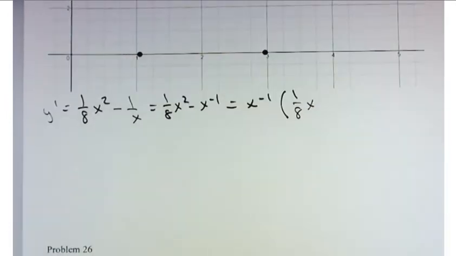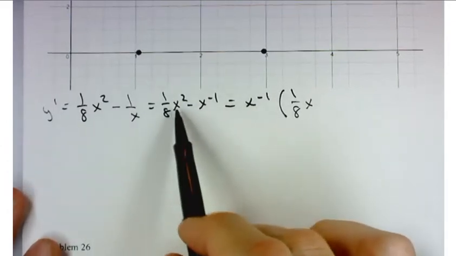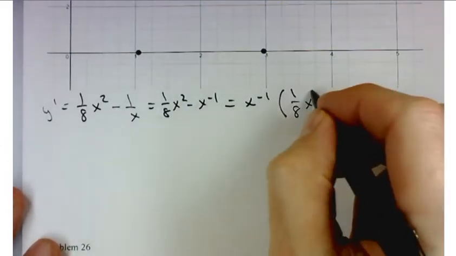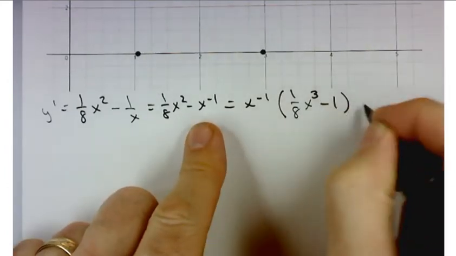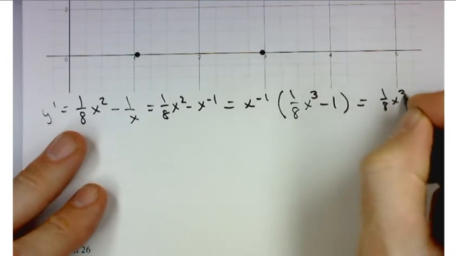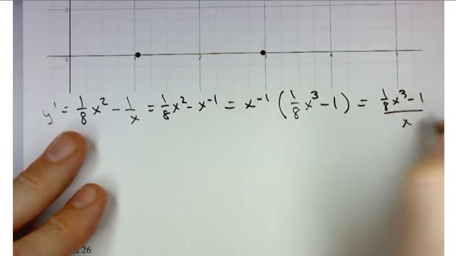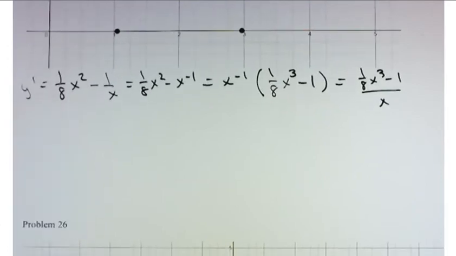The third power. Because when you divide this out, you're dividing x squared by x to the negative first. You'll subtract those exponents, get x cubed minus 1. So overall, 1/8 x cubed minus 1 over x. So that's the form of our first derivative.